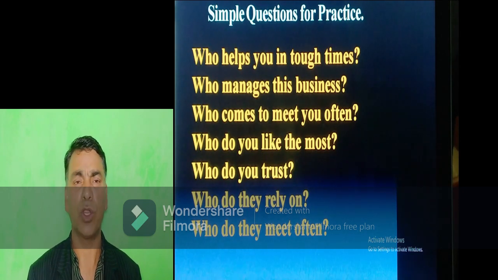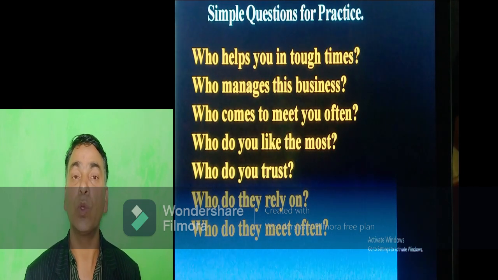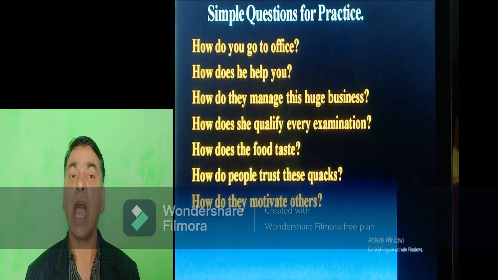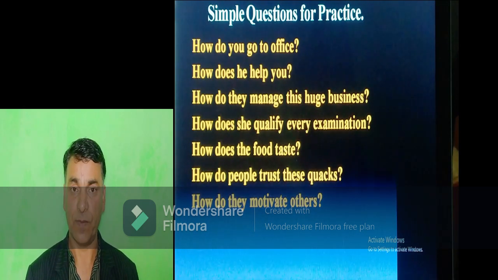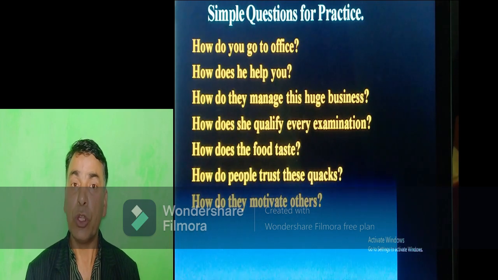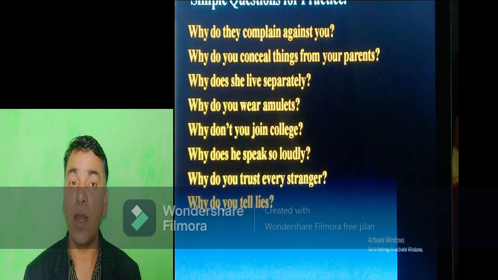Now a simple question that may pop up in someone's mind: when to use do and when to use does? Do goes simply with I, we, you, they, and all plural nouns. I repeat, do goes with I, you, we, they, and all plural nouns.